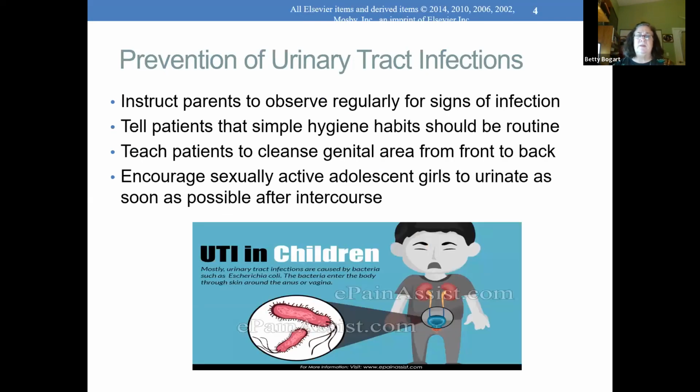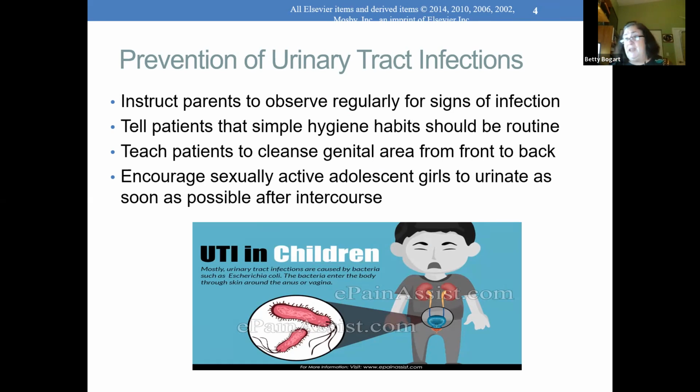So how do you prevent urinary tract infections? Well, with children, increasing fluid intake is probably the best thing we can do to keep that body flushing. Also, in a girl or boy, make sure that they know how to wipe from front to back. Biggest thing that happens with young kids is that they're wiping the wrong way and they're putting the stool where it shouldn't go and creating these infections.